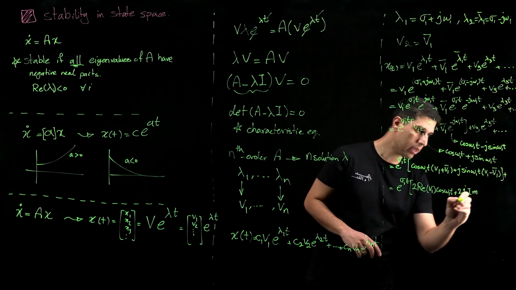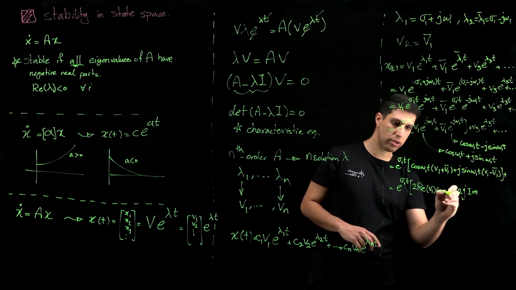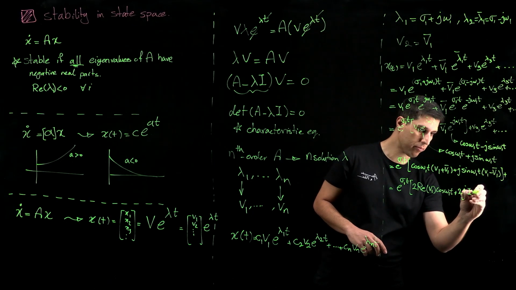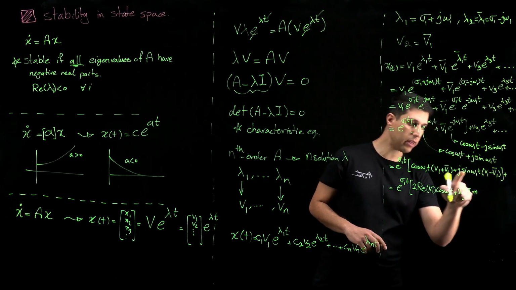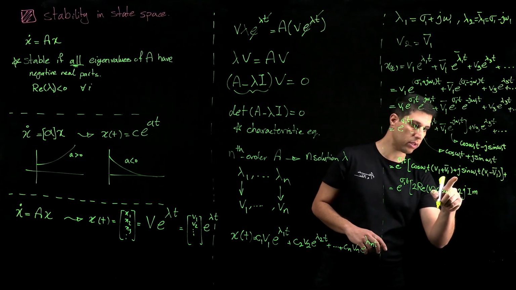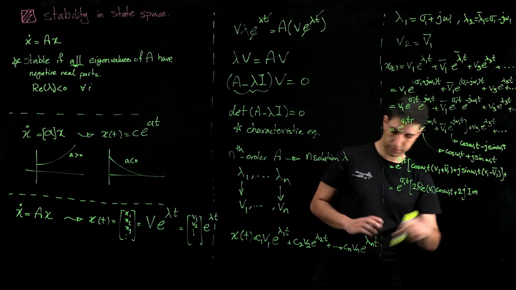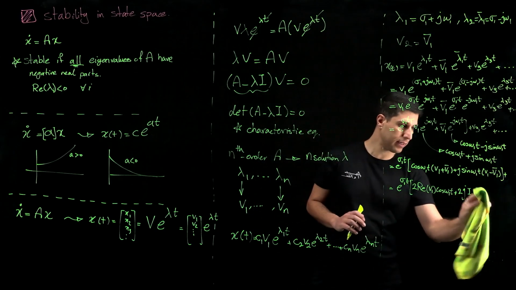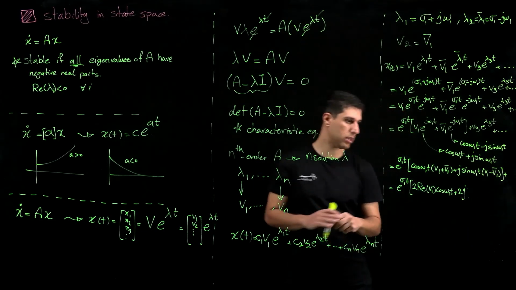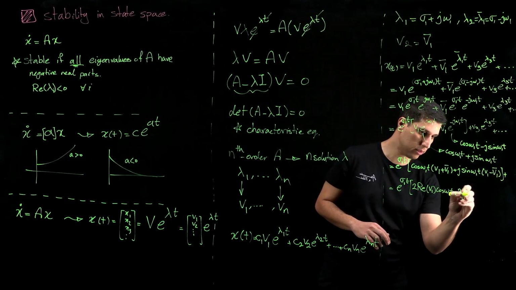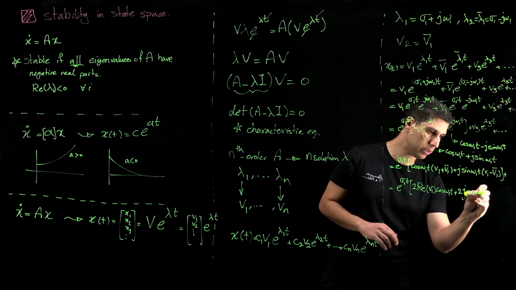So it is 2j, imaginary of v1, times sine of omega 1t.